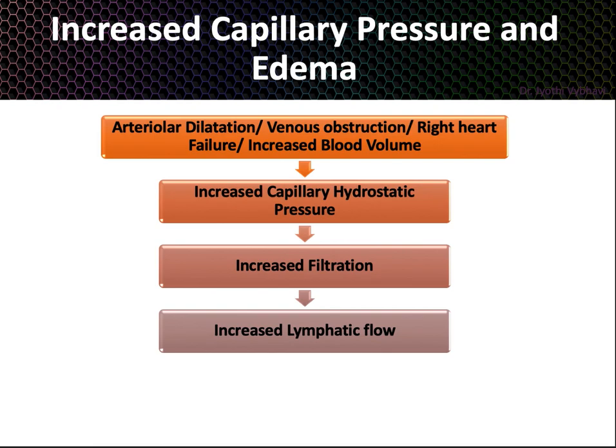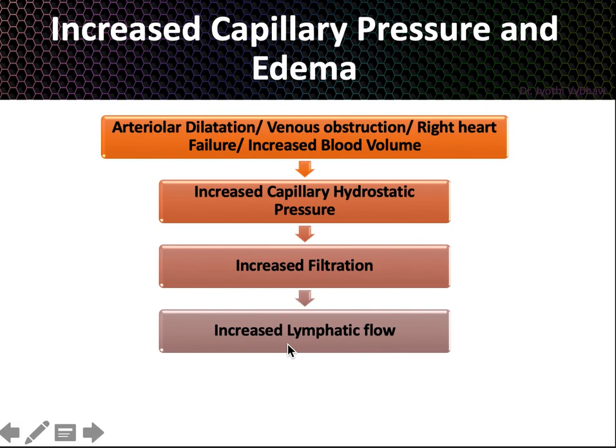They prevent edema. Whenever increased fluid is coming into the interstitium, these lymphatics don't keep quiet. They work very hard, 10 to 50 times more than what they used to work, to pump all the extra fluid out into the circulation. They do their best so that there is no extra fluid in the interstitium.